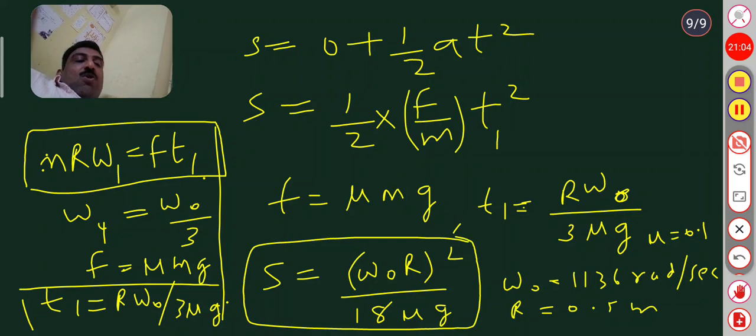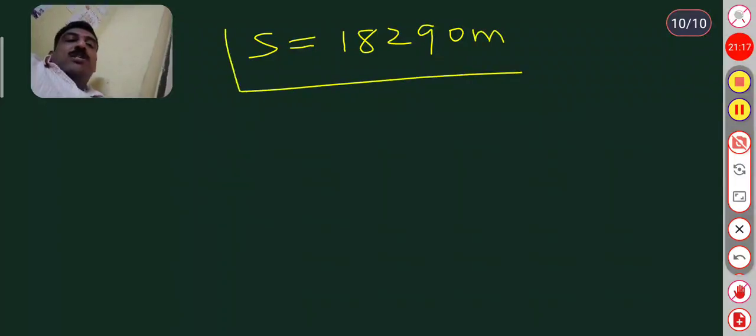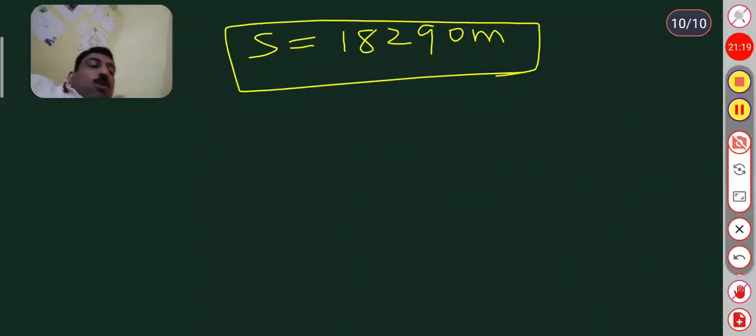Knowing omega 0, r and mu, you can calculate and the s value comes out to be 18,290 meter. This is the distance traveled before the flywheel stops slipping.